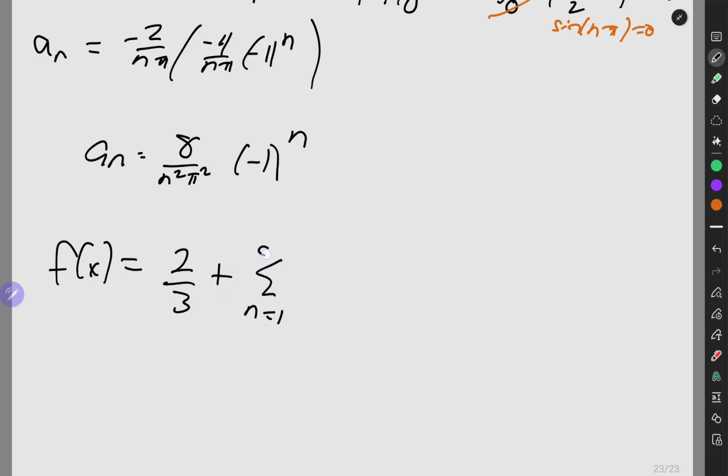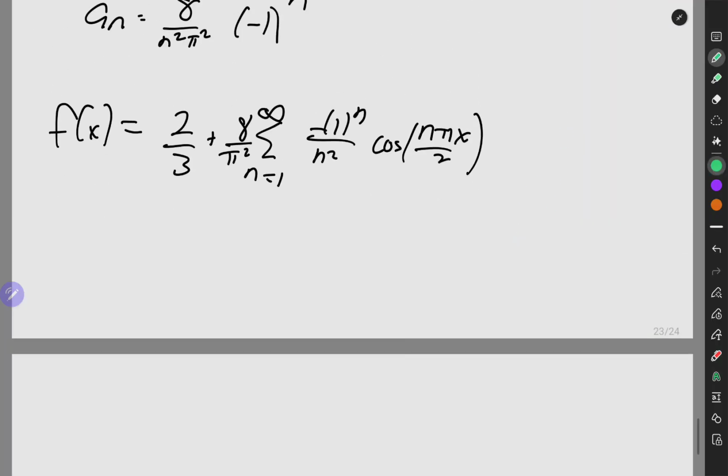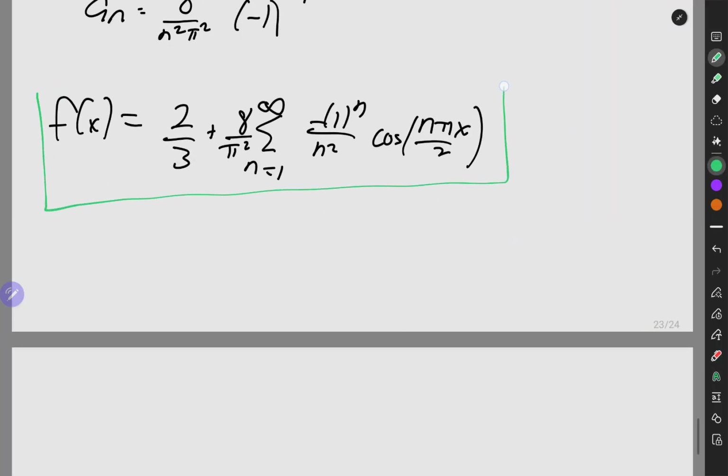Okay, n equals 1 to infinity. We can pull out, and then we're just left with this. Let me just double check that. Yep, that is correct. That's about as simplified as it gets. That was a pretty simple one, right?